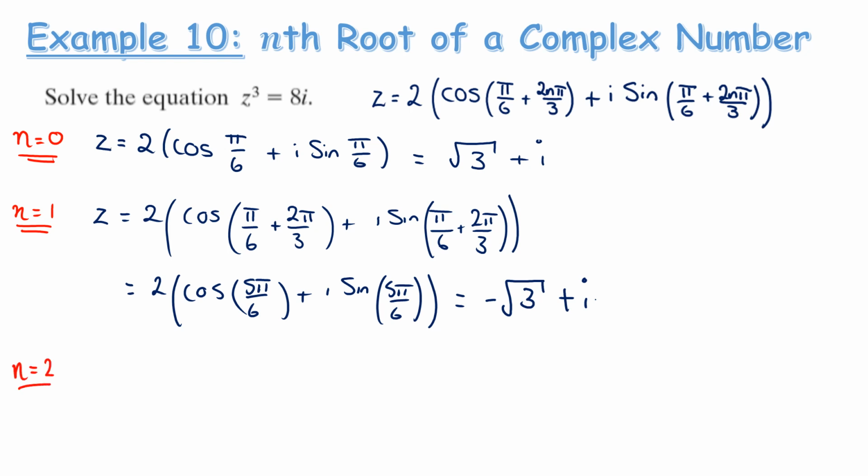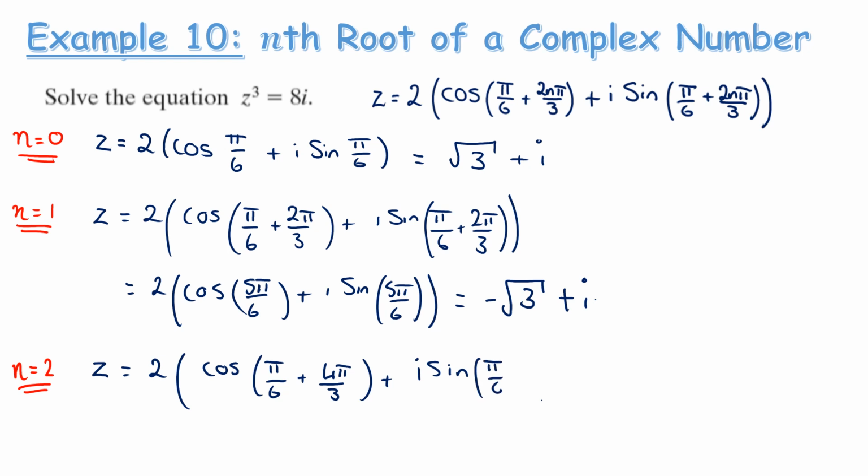So that'll give us our three answers. Well, we always start with n equals 0, so no rotation, so the answer just as is. And we get z equals 2 cos of pi over 6 plus, so this is 2 times 2 times pi, that's 4 pi over 3, plus i sine of pi over 6 plus 4 pi over 3.